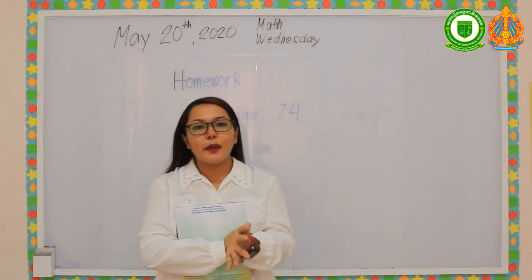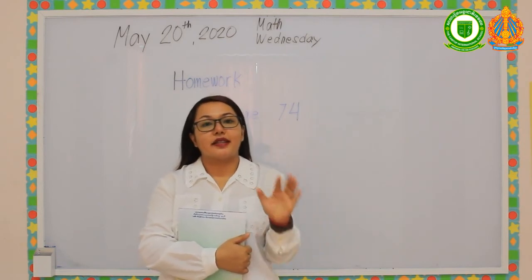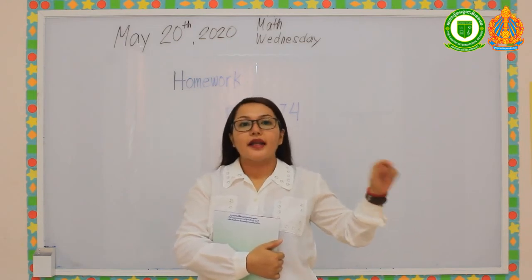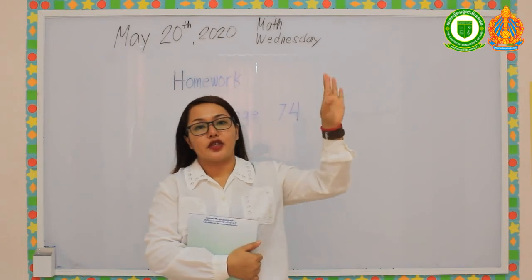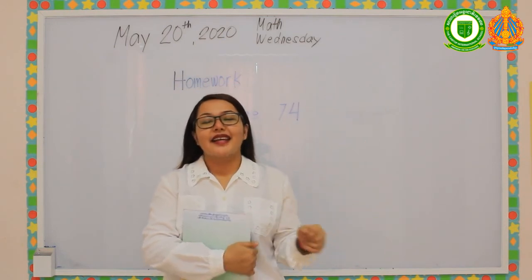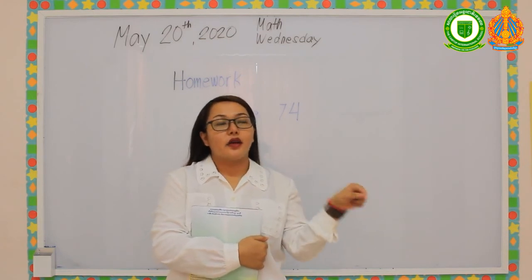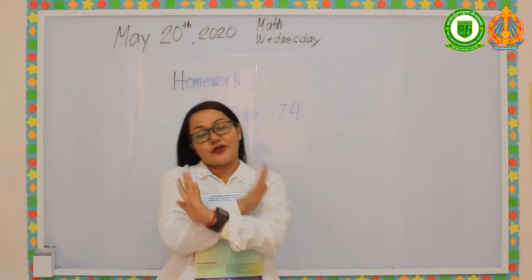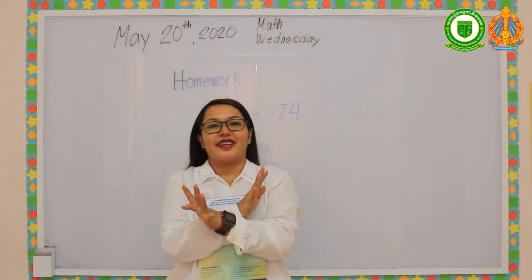So just remember, we need to connect the dots from number 0 or 1, 2, 3, 4 going up, until you finish connecting the dots, okay? So don't jump from numbers 1 going to number 10, going to number 2, going to number 8. That's wrong. Don't do that because you will have a different picture, okay?